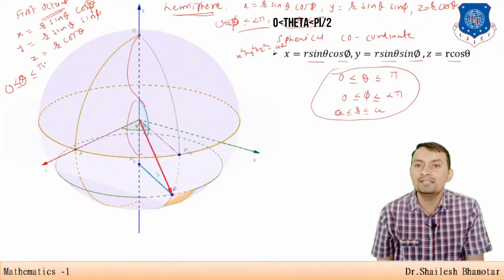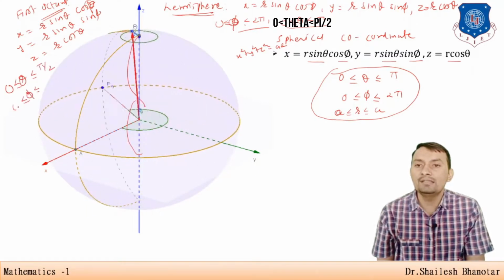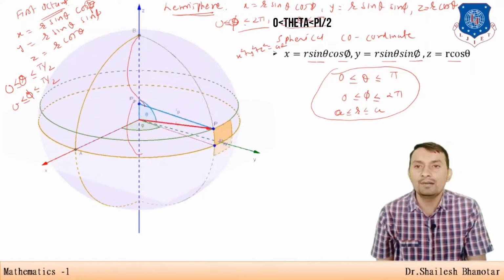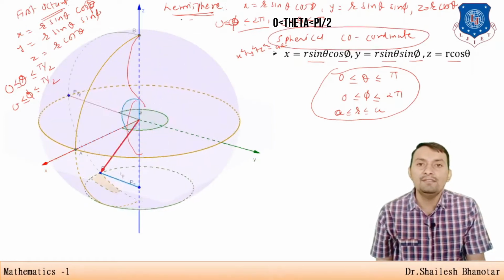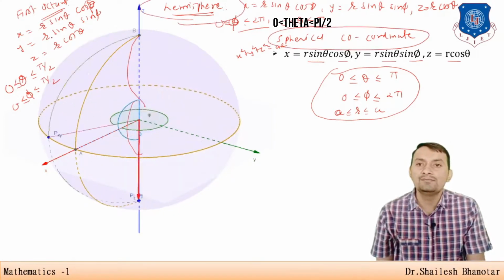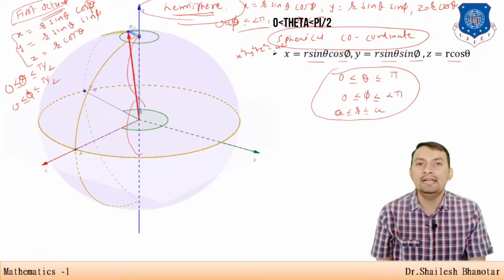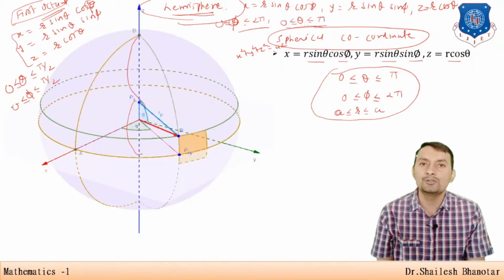We have to consider theta equal to 0 to pi by 2, and phi will also be 0 to pi by 2, and that thing we will always keep in mind. So these are the spherical coordinates. Then we have discussed the hemisphere. So the first octant will be, this is our xyz. In that case theta rotates from 0 to pi by 2, and phi also rotates from 0 to pi by 2.